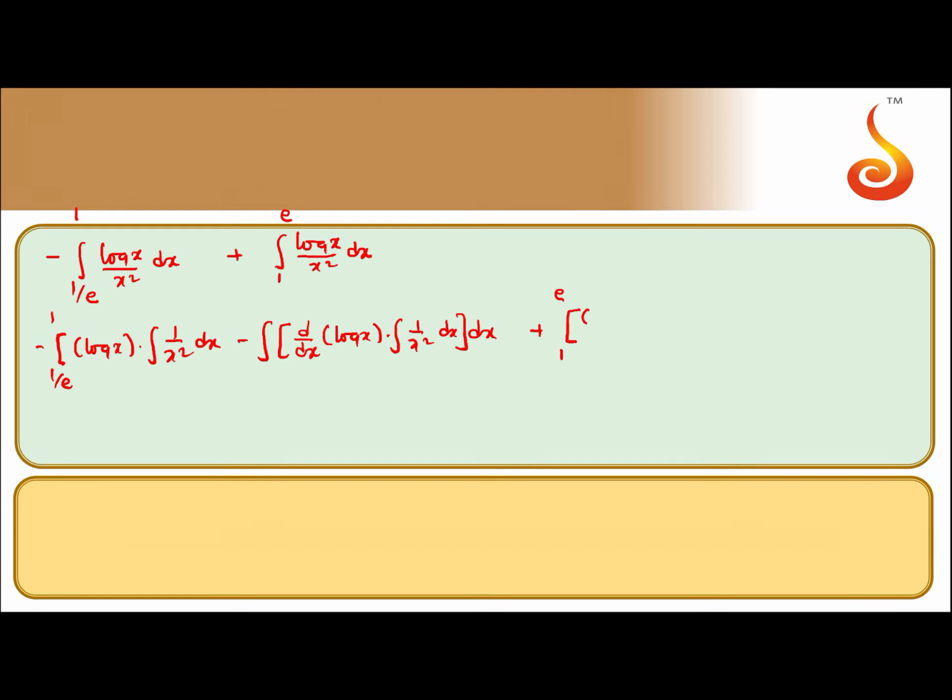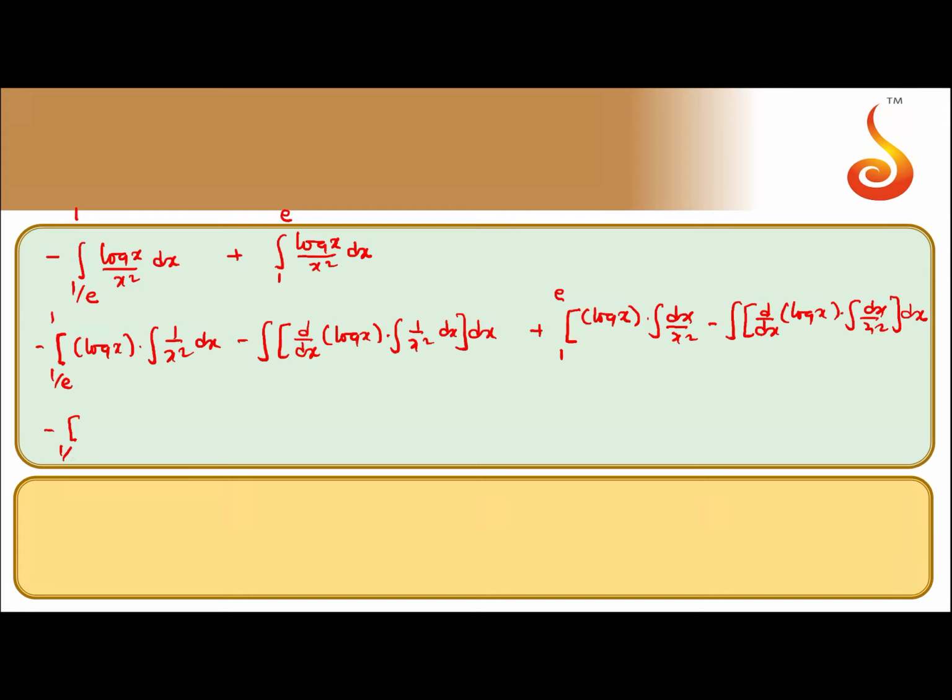Similarly, in this case also, from 1 to e, log x into the integral of dx by x square, minus, box open, d by dx of log x into the integral of dx by x square, box close, dx.